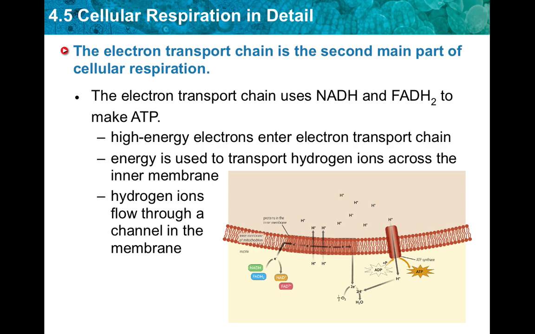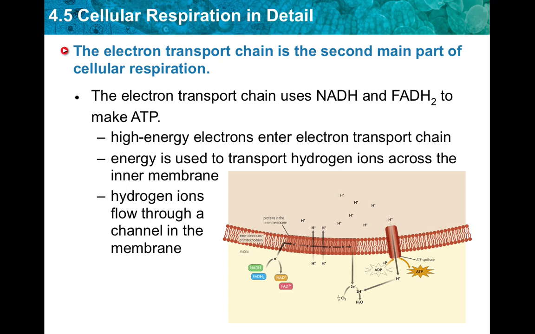Okay. So first, we have electrons removed. Proteins in the inner membrane take in high energy electrons from NADH and FADH2. Hydrogen ions are transported.